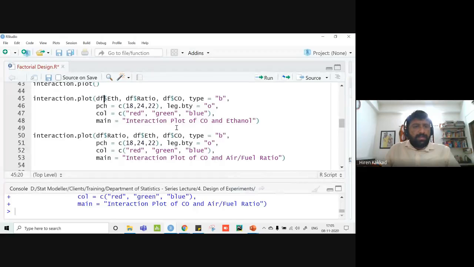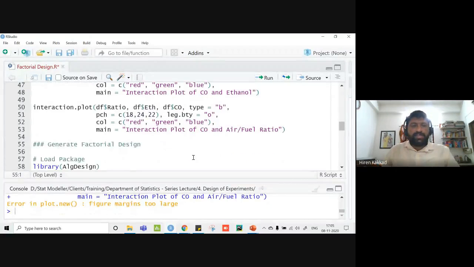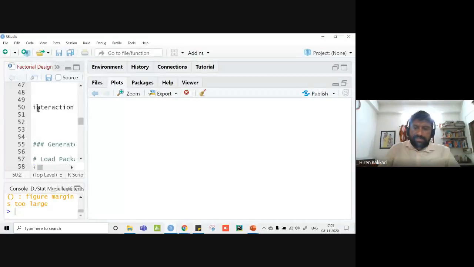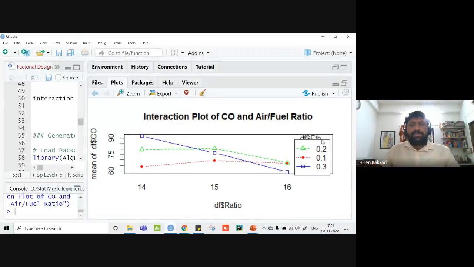Now this is the same thing I did, but by changing it, I put ethanol in the color argument, and here I'm using the ratio. So it will give you almost the same output. Let me just run this. It would be something like this.